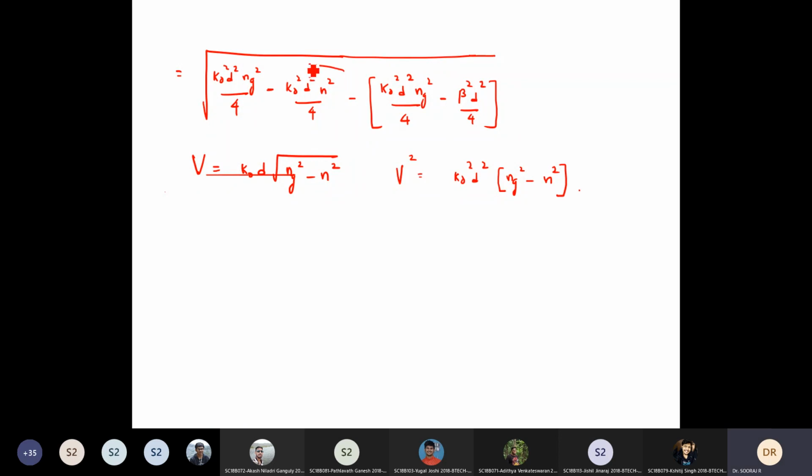If you look at these two terms, according to this new symbol, this term would be V by 2 the whole square. And what is this term?